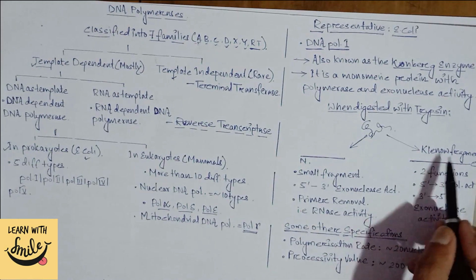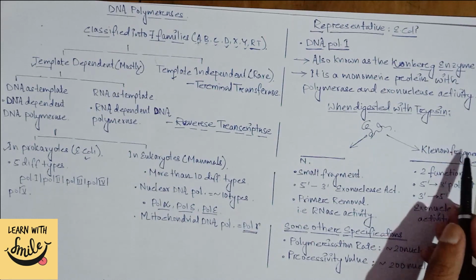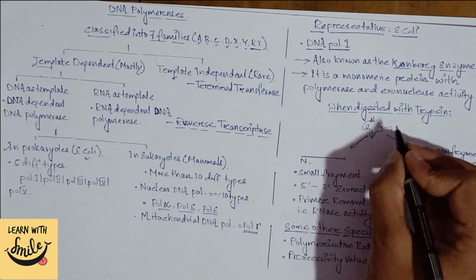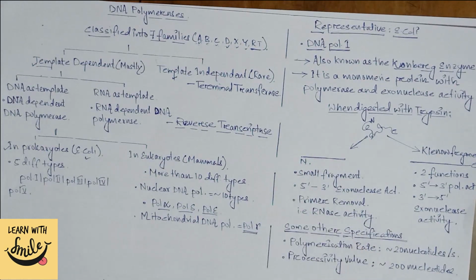The longer segment is also known as the Klenow fragment after its discoverer. Since it is a protein, it will have an amino terminal and a carboxy terminal. So the smaller fragment contains the amino terminal, and the comparatively larger fragment contains the carboxy terminal.